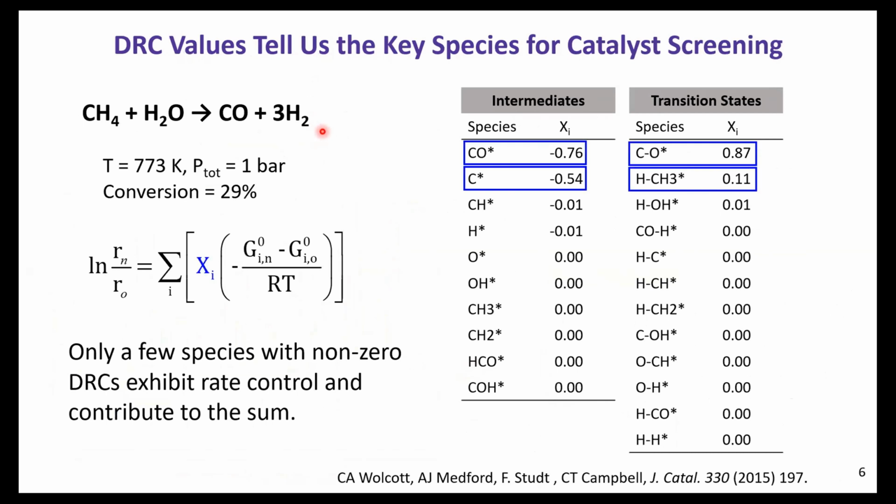Remember, only a few species have non-zero DRCs, so only these species contribute to the summation here. Once we have the DRCs on the reference catalyst and we know the energy of species on the catalyst, we can calculate the energies of only the rate controlling species on a new catalyst and use this equation to calculate or estimate the relative rates on the new catalyst.